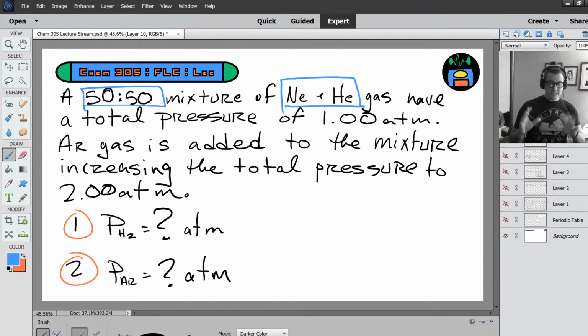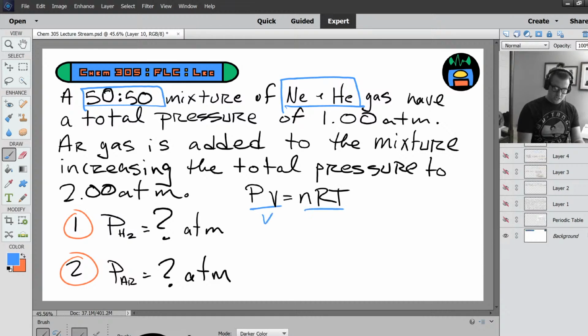That means these are present in equal amounts, and we know from the ideal gas law, we can do a little bit of algebraic rearranging here. We can see that pressure is equal to moles times RT over V.